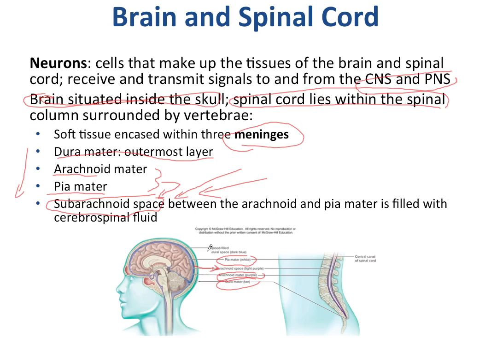This is in the brain, and this is in the spinal cord. In the spinal cord we also have such structures, the spinal subarachnoid space. So we can make a vertebral puncture here to drain some cerebrospinal fluid.